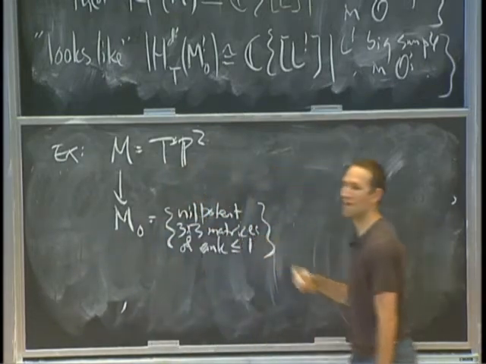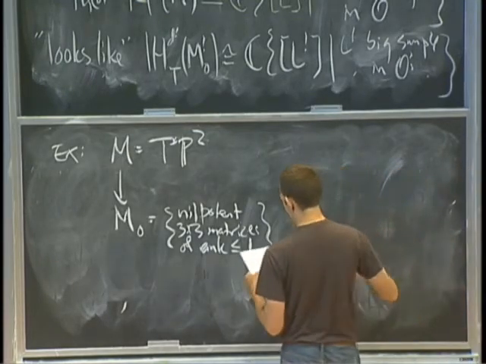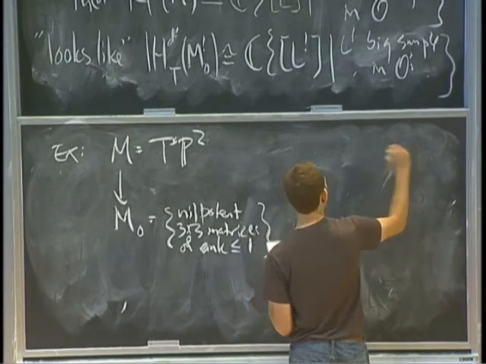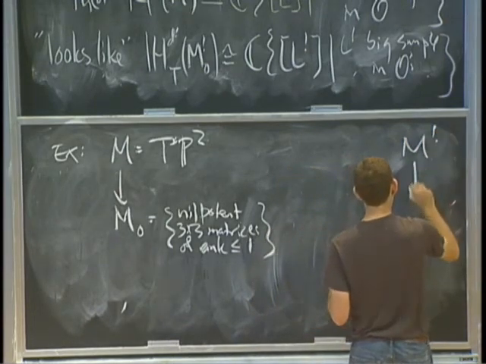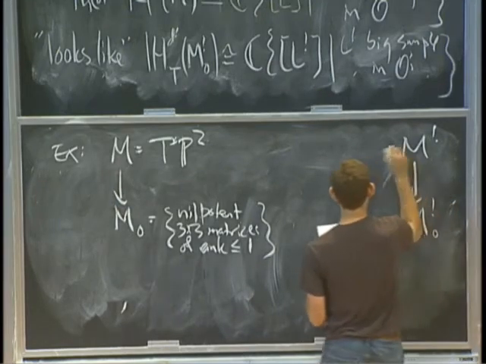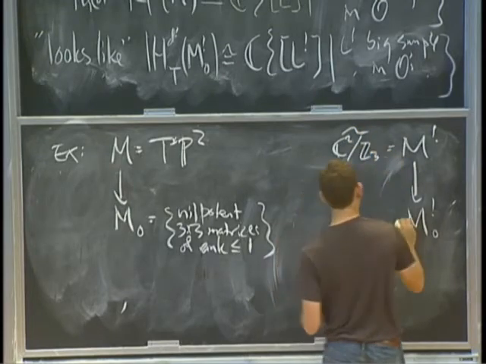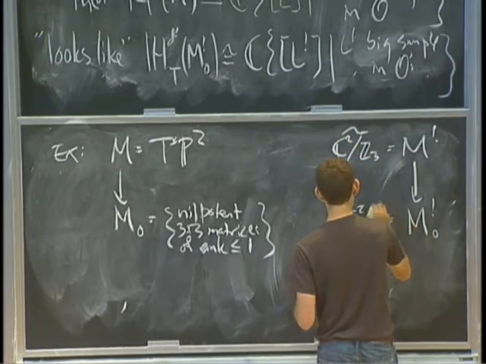So this is the closure of some SL3 nilpotent orbit, the one defined by the rank being 1. And the dual to that is going to be M shriek going to M0 shriek. And this is going to be C2 mod Z3 resolved. And this is going to be C2 mod Z3.